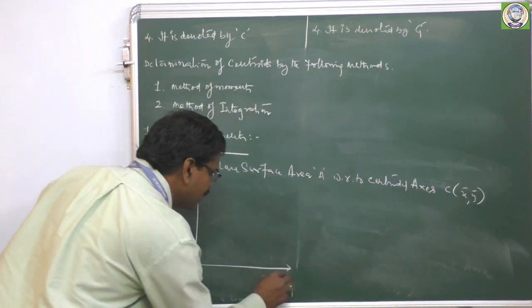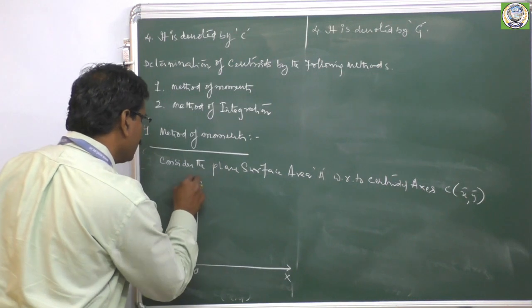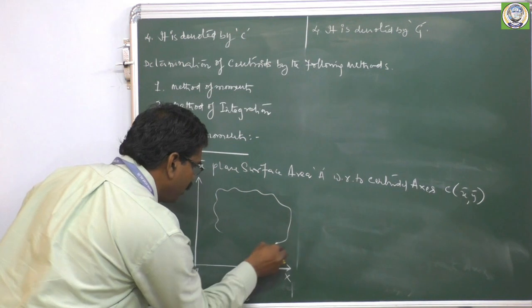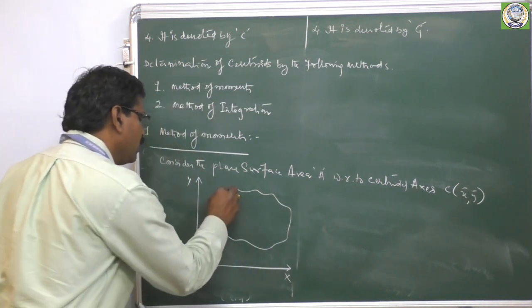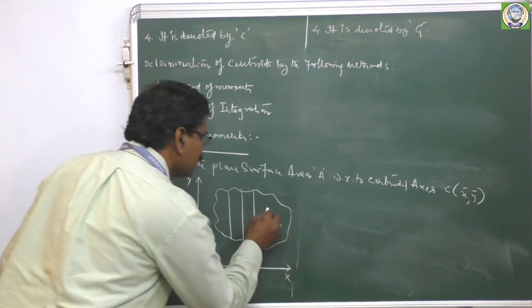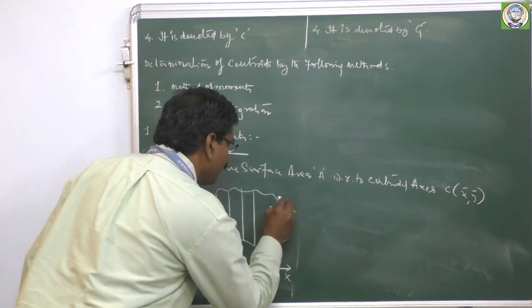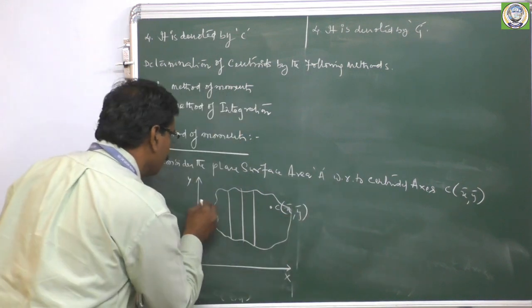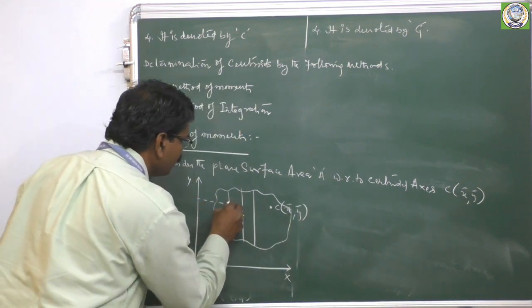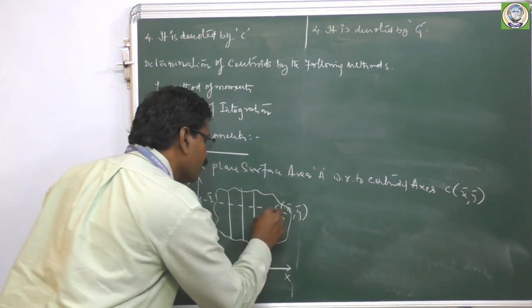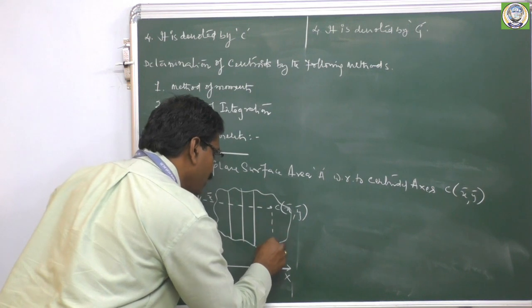This is OX axis, this is OY. Consider an irregular surface in XY plane. This is the center of both the axes, x bar comma y bar. This is at a distance x bar. This is at a distance y bar.